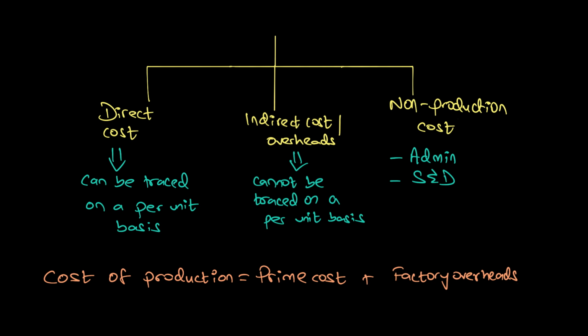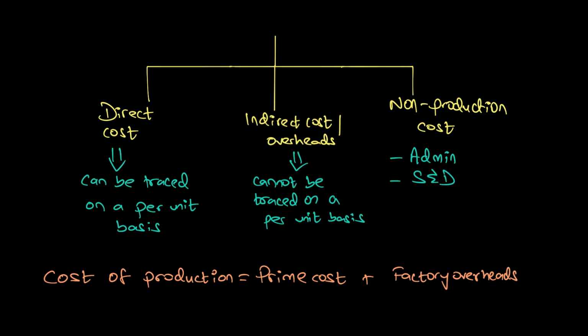If we need to calculate the cost incurred in the factory, or the manufacturing cost, we still need to find the prime cost and add our factory overheads. All the non-production costs, which I can also say are office costs such as admin, selling and distribution, should go to the income statement. But the factory production cost, which is direct cost and indirect cost, shall go to our manufacturing account.